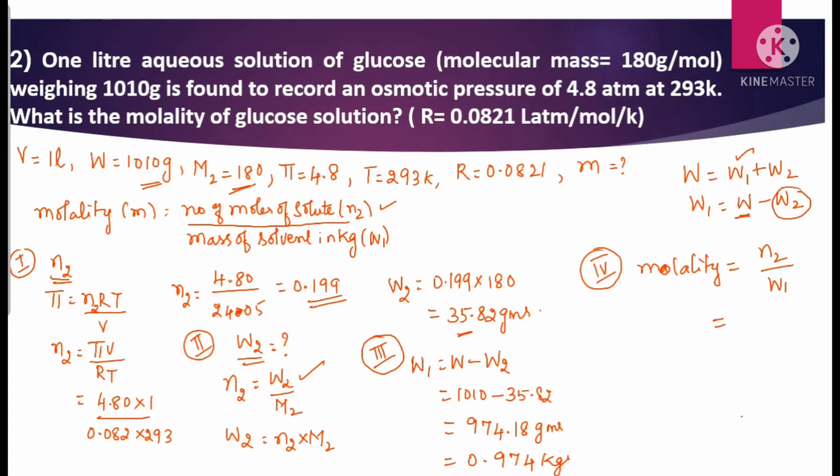It is 0.199 divided by what is W1? It is 0.974. So find out the answer. It is 0.204. So molality is 0.204 m. I hope you have understood. We shall see the next problem.